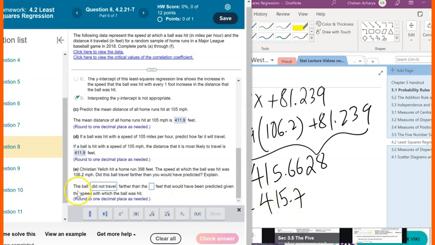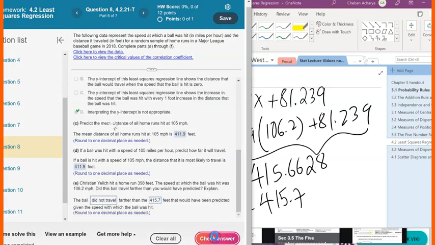And we should say the ball did not travel farther than 415.7 feet, which would have been predicted given the speed with which the ball was hit. Therefore, it didn't travel more than predicted because the ball traveled only 398 feet. Does that make sense? Check the answer. You're going to be good.